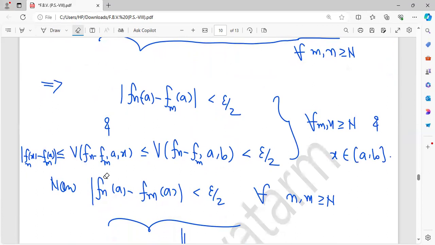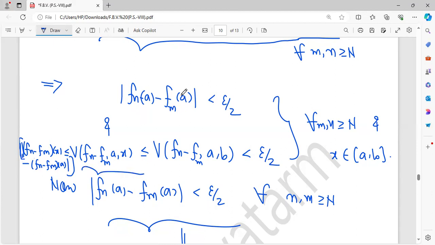So what is this actually? This is less than... what is this? It is the absolute value of (f_n minus f_m)(x) minus (f_n minus f_m)(a). This quantity is less than this.